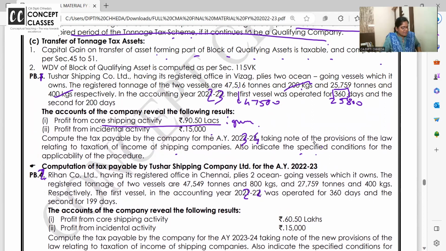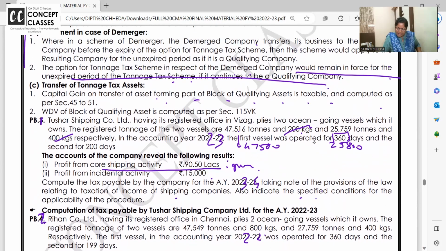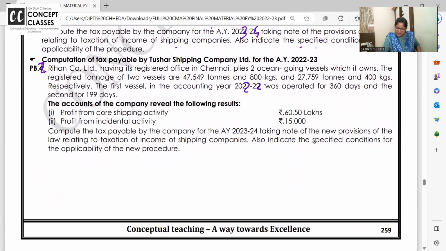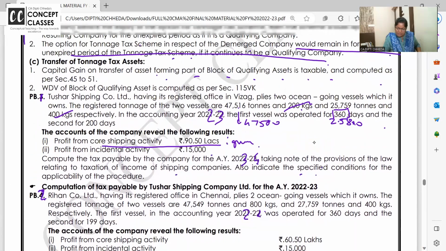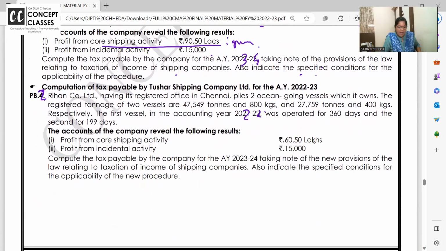Okay, good. Same kind of problem है, but ये 360 days था और ये 200 days था, and here it is 360 days ही है और यहाँ पे 199 days है. ठीक है, right.